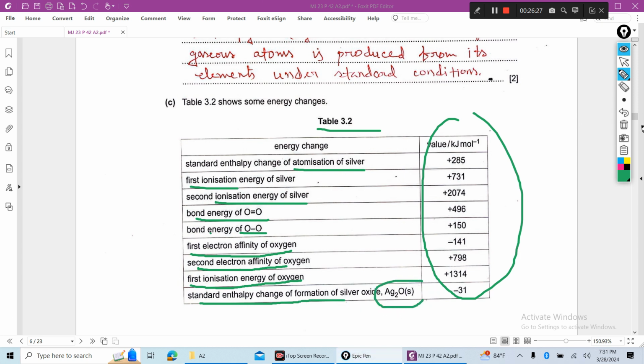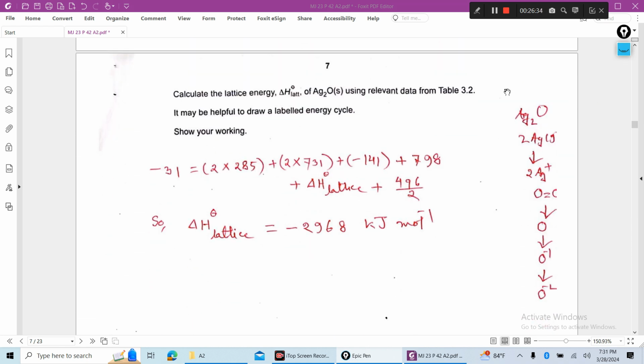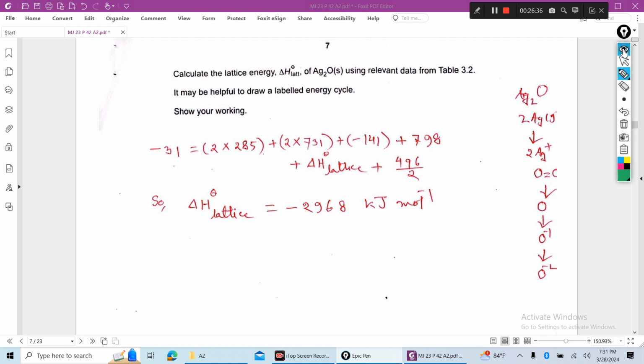These values are given. So now you are asked to calculate the lattice enthalpy of silver oxide using the above data. It may be helpful to draw a Born-Haber cycle. You may draw or may not draw, no problem, but you have to show your working.